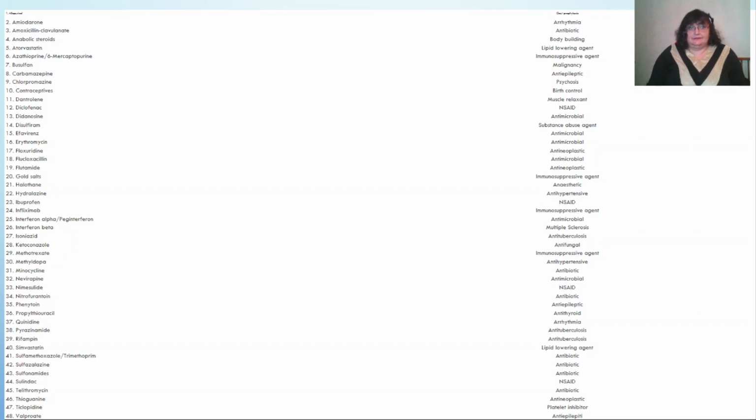For example, if we were talking about amiodarone, it's interesting too because this drug has two types of adverse reactions. From one side, it has hepatotoxic effects. The drug can be a cause of development of drug-induced liver injury.